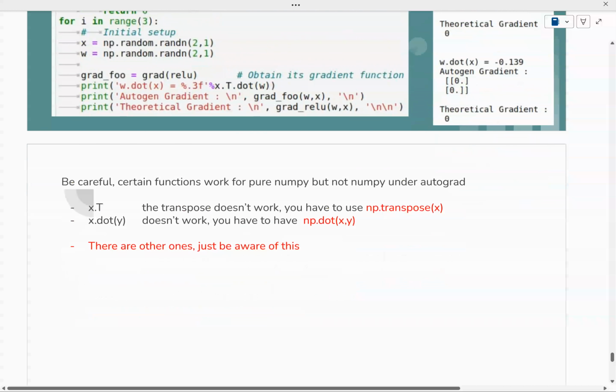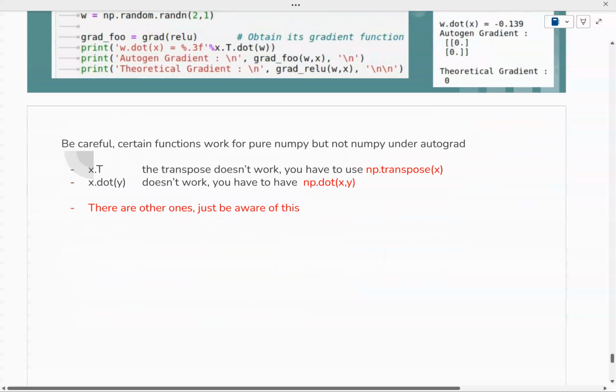The only difference that you need to keep in mind between single variate and multivariate is that a bunch of functions in NumPy don't work anymore, such as transpose. In autograd they only allowed this one.